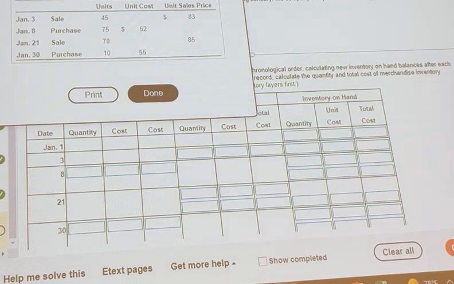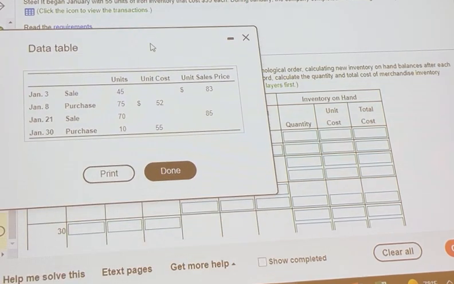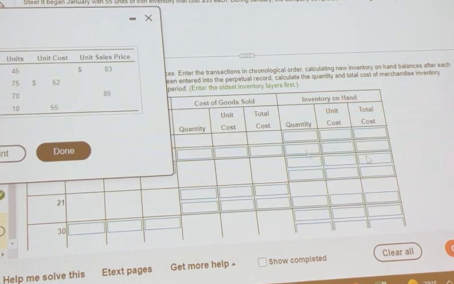This is a little bit different format because now the beginning inventory is not in the data table. So instead we have to read the problem and see where else it is that they give us the beginning inventory. But you can see right at the top of the problem, they say that they began the month with 55 units.